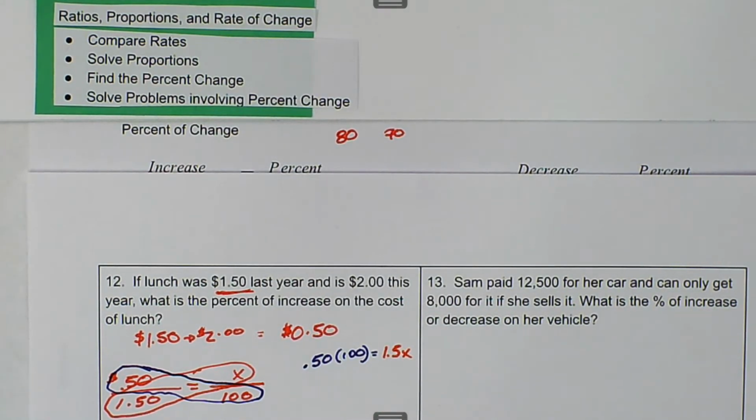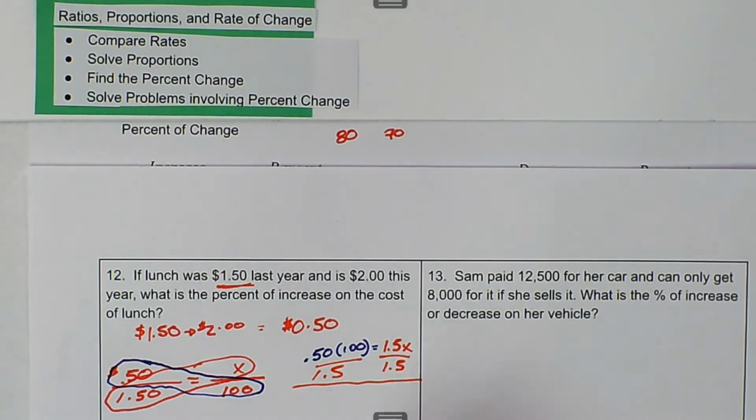Then we can use our calculator for this one. In order to get X by itself, we have to divide both sides by 1.5. With our calculator, we multiply 0.5 times 100 and then divide by 1.5.